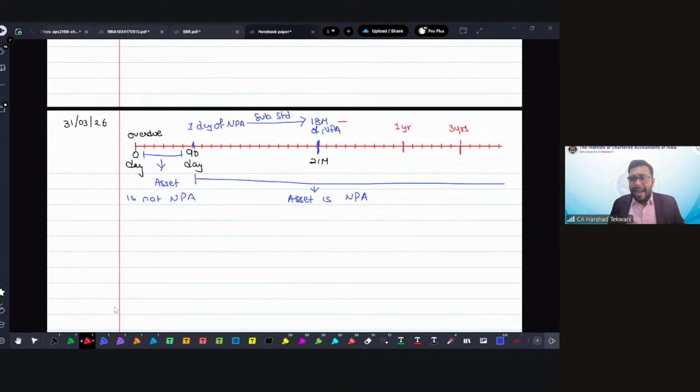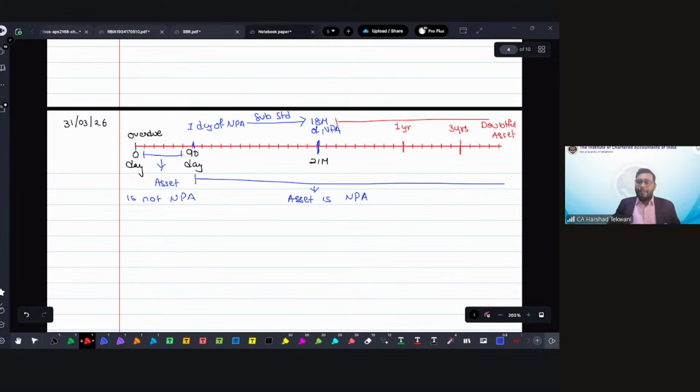This entire period going over here is doubtful asset. After 18 months the doubtful asset starts, and this will be classified as doubtful assets. And why am I classifying 1 year, 3 years? Because of the provision requirement. 1 year has a different provision requirement, 3 years has a different provision requirement.